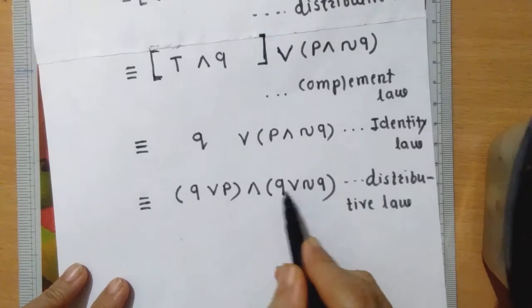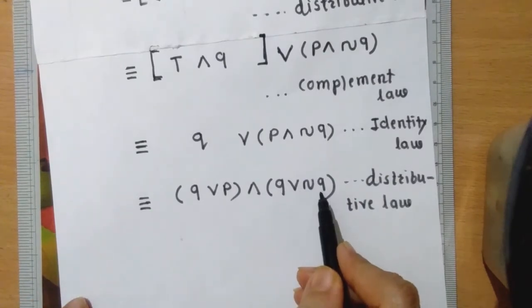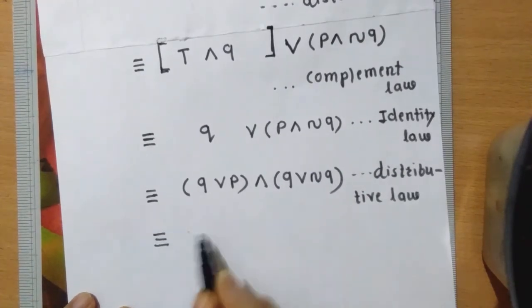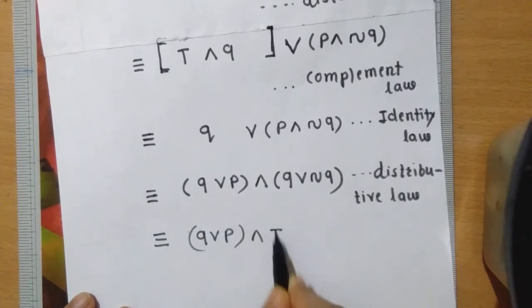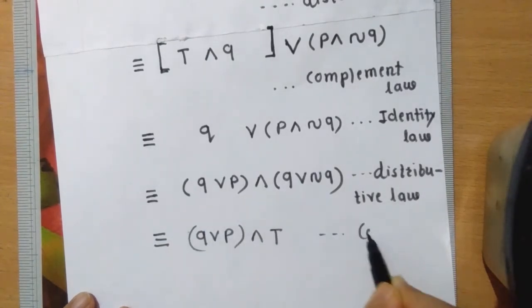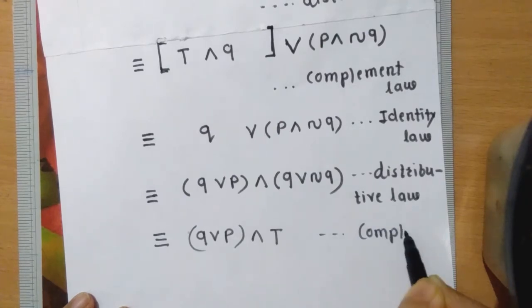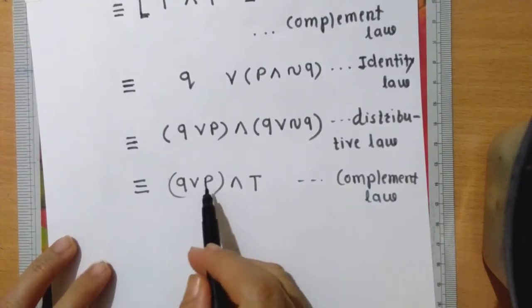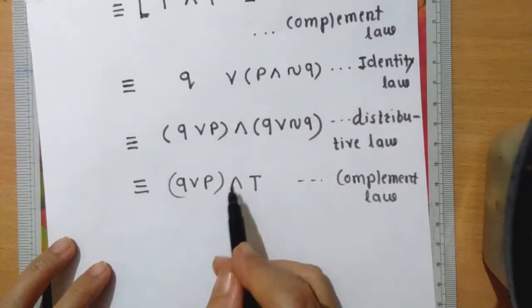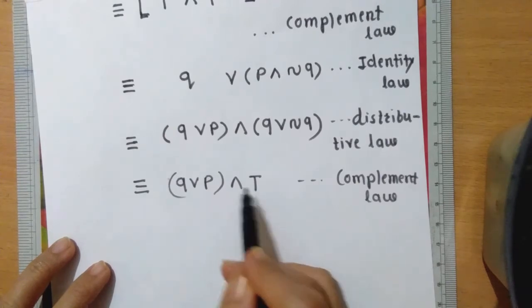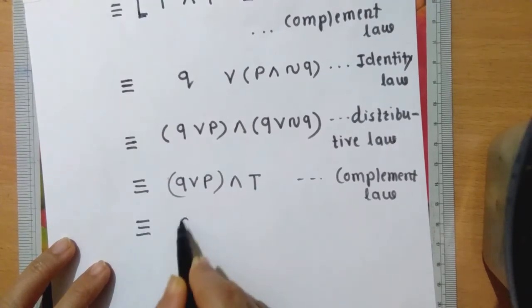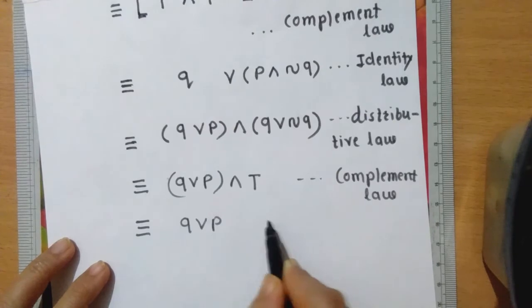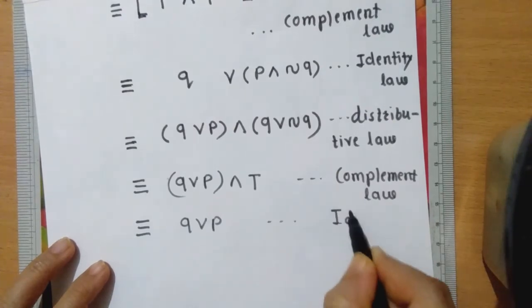And again Q disjunction negation Q is T. So write down next Q disjunction P and here conjunction T. This is by the complement law. And lastly, this bracket intersection T means again we have to write this bracket. This is by the identity law.